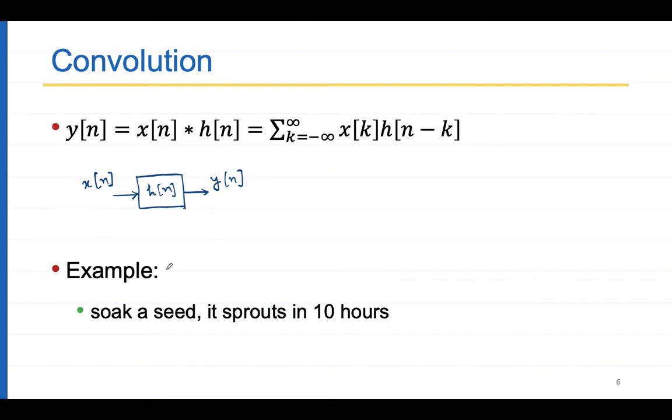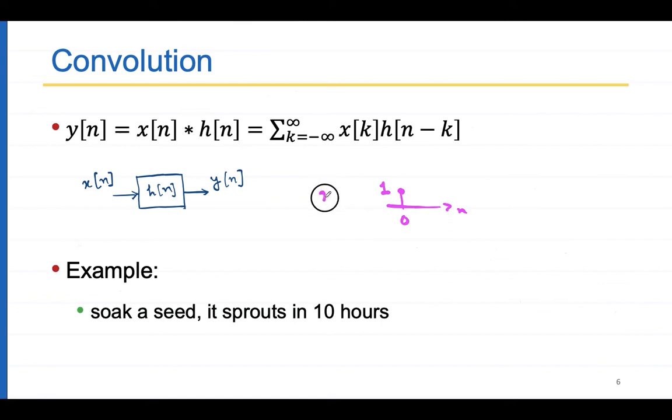Okay, I'll just specify one example here. For example, let us say this is my input at n equal to 0: I soak a seed in water, right? Let us say I soaked one seed in water.